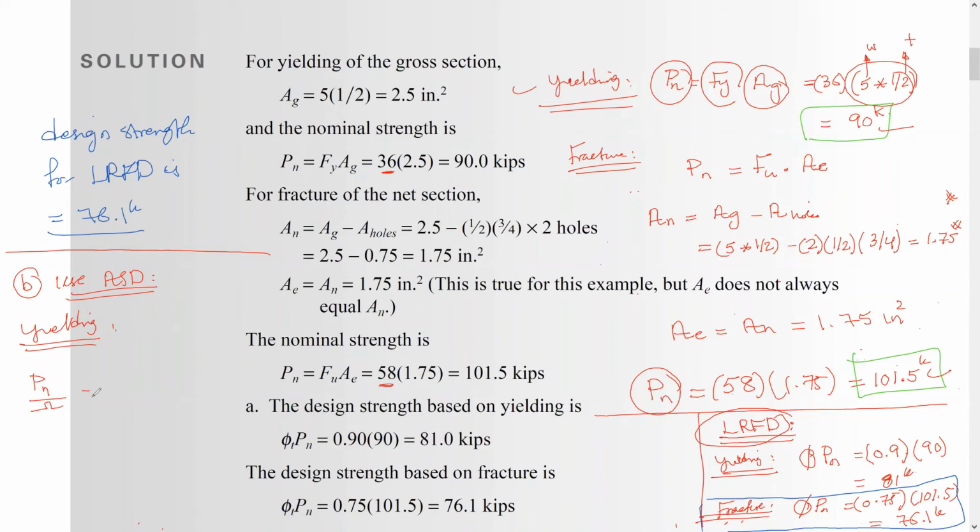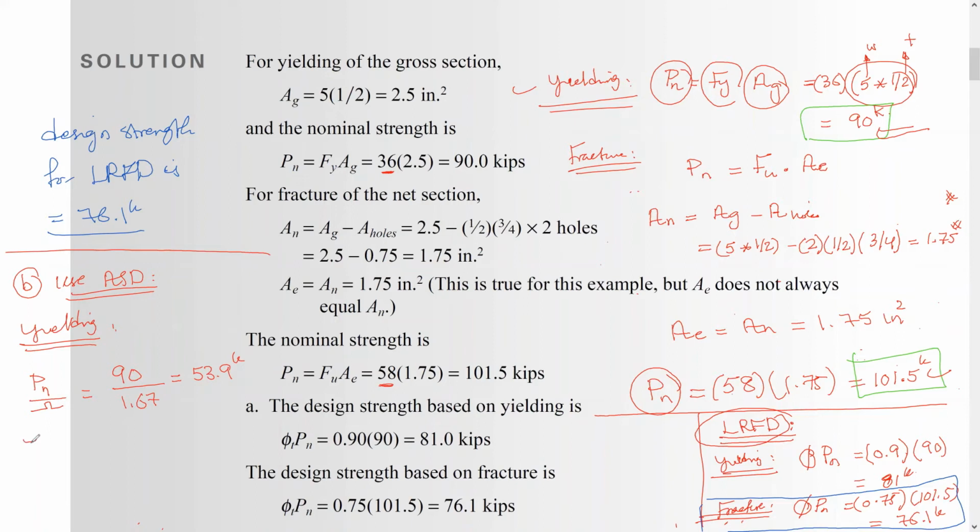The nominal strength based on yielding is the same one here. Divided by 1.67, this is equal to 53.9 kip.